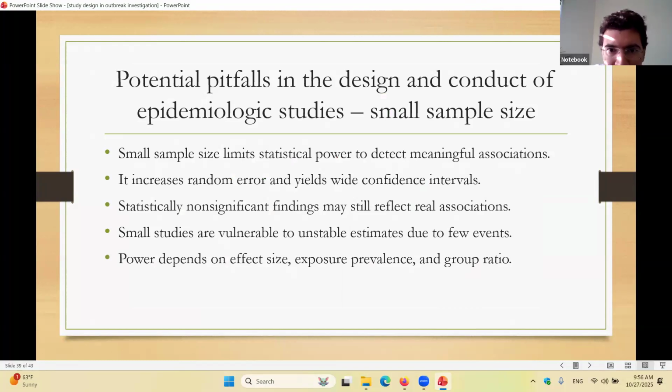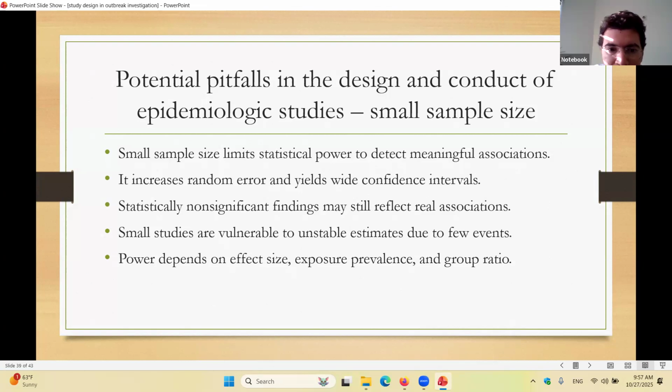Another pitfall in the design is a small sample size. Small sample size limits statistical power to detect meaningful associations. It increases random error and yields wide confidence intervals. Statistically non-significant findings may still reflect real associations.